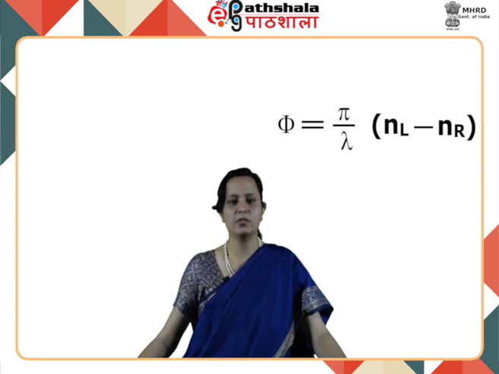Multiplying this equation by 1800 divided by pi converts theta to the rotation alpha. Optical rotation alpha is equal to 1800 theta divided by pi.